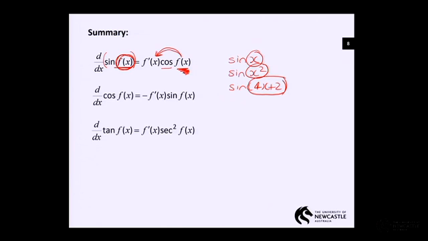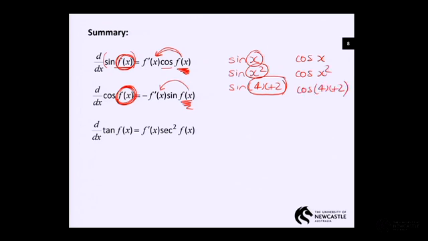Same for cos. Again, this is asking you for the derivative of. I'm going to highlight this function here, and then it says it will be minus, so the sign changes. You've got the sign of the function, but what do you have at the front? The derivative of the function. So again, this could have been the cos of x as its simplest, the cos of x squared, the cos of 4x plus 2.